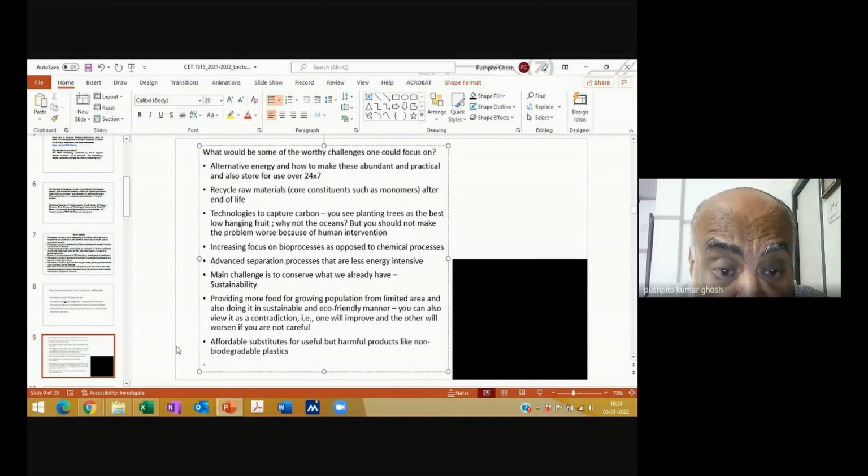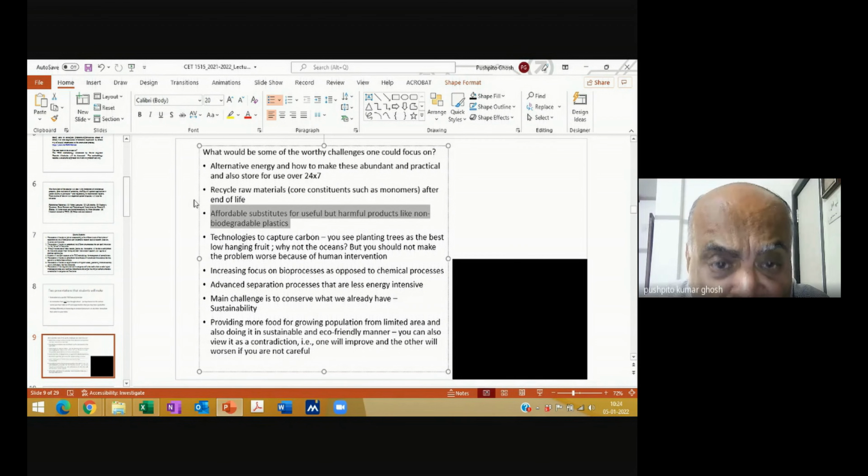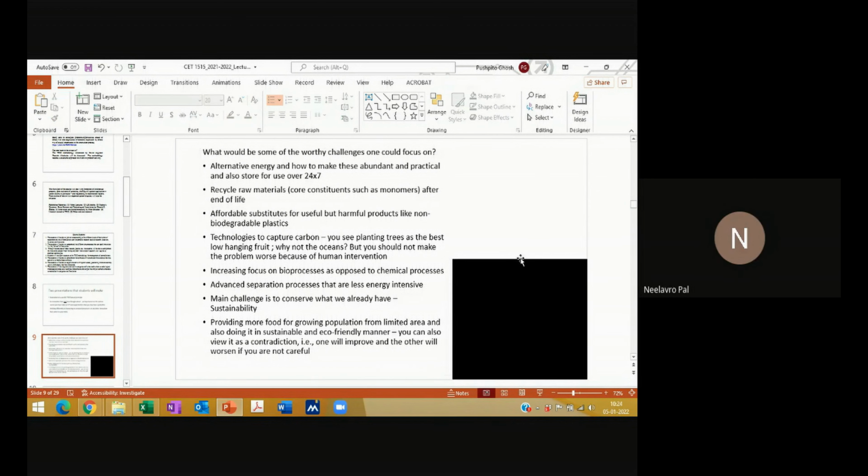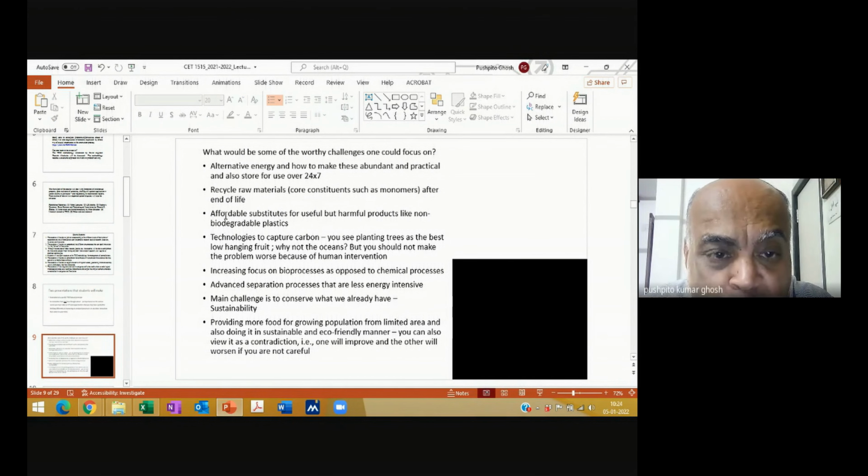And of course, you can link it up also with what was mentioned here, recycle raw materials after end of cycle. It's interesting because in a way they do have a relationship, right? Yes, sir. So let us put them together, so that we are not putting them at opposite ends.